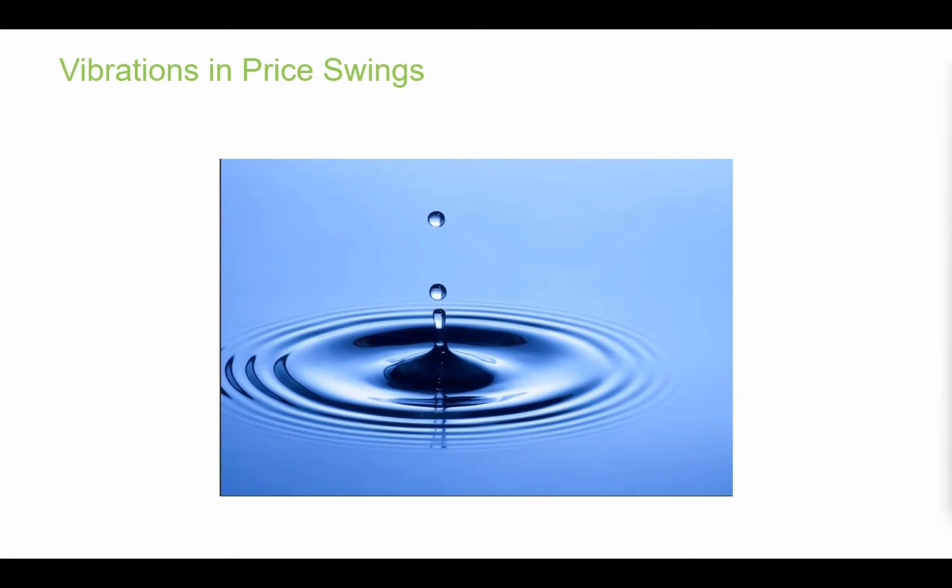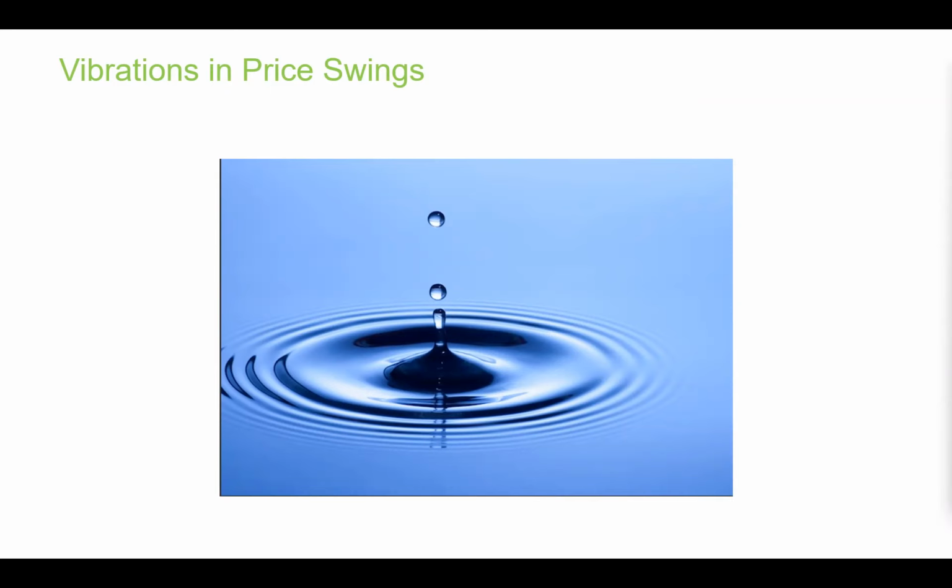Now, a harmonic in the markets, or actually in anything, could be music, could be a windstorm, are really vibrations. And in the market, it's vibrations in price swings. And we can think of that as a ripple effect, like when you drop an object into a pool of water.